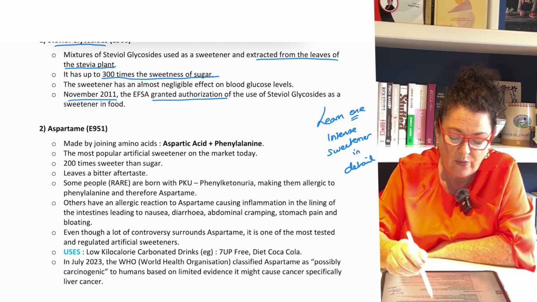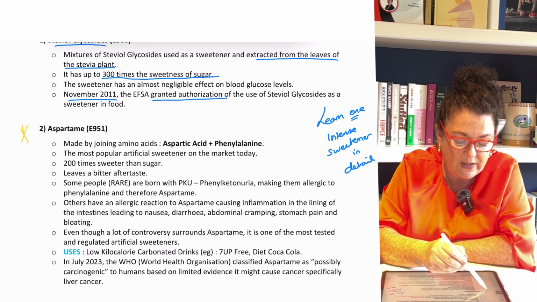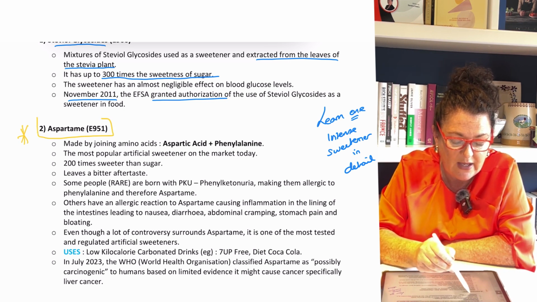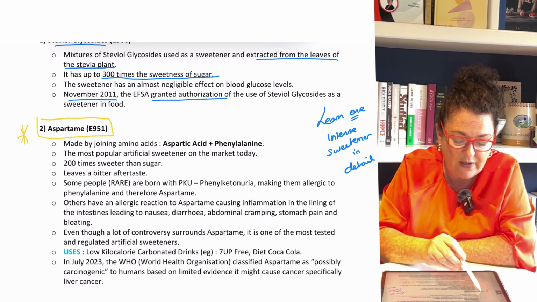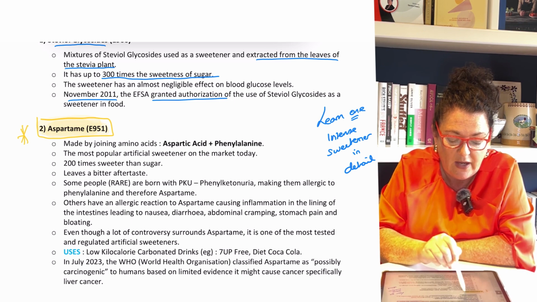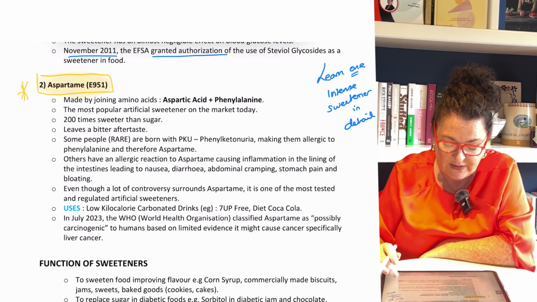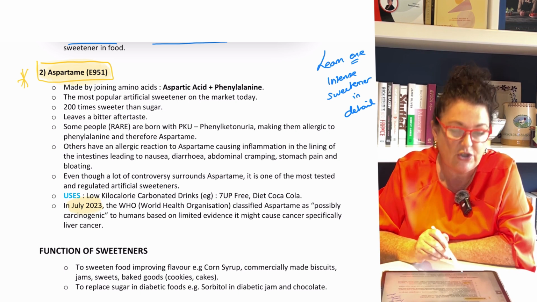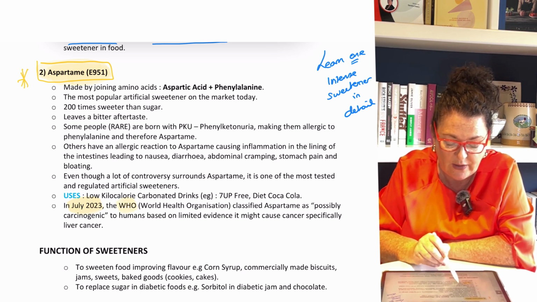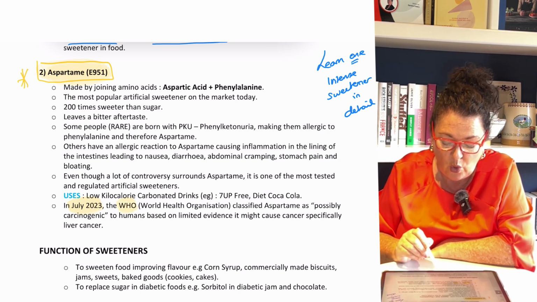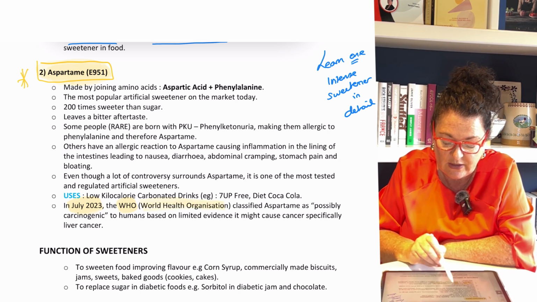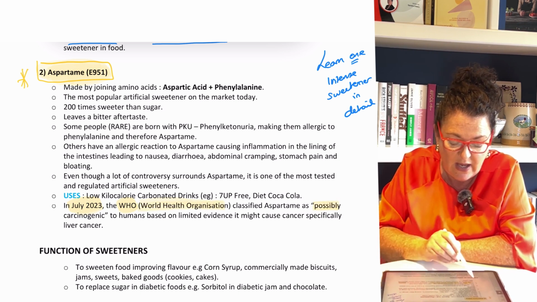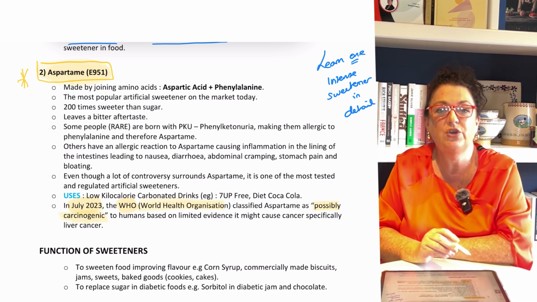So the one I would learn probably would be aspartame, E951. Now, I don't know if you're aware of this, but in July, I think I said to you June, but July 2023, the World Health Organization classified aspartame as possibly carcinogenic to humans.